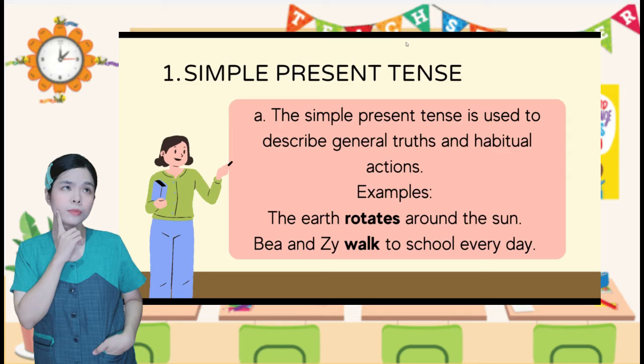For example, the earth rotates around the sun. The simple present tense of the verb here is rotates. The next one: Bea and Zai walk to school every day. The simple present tense here is walk. Later, we're going to find out how to form the simple present tense of the verb.